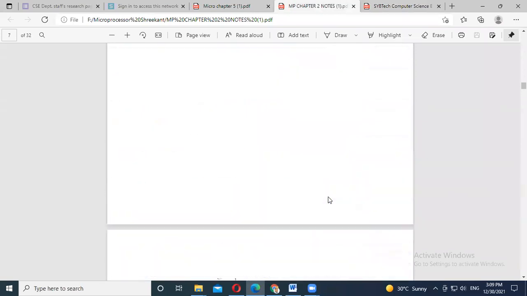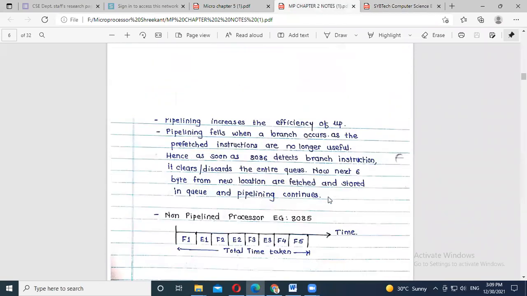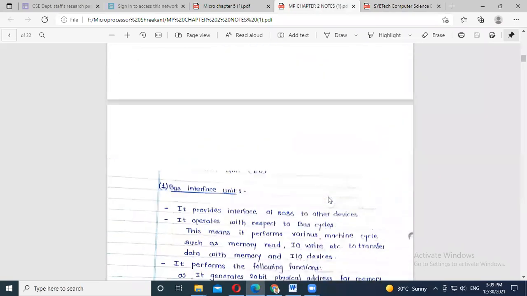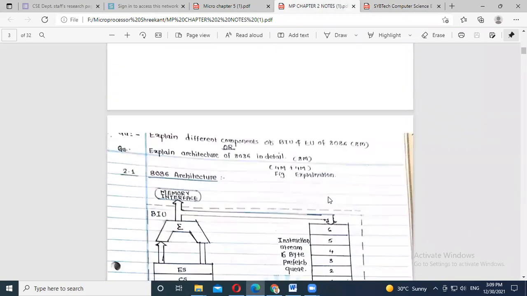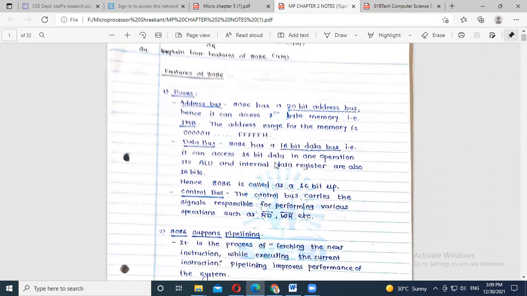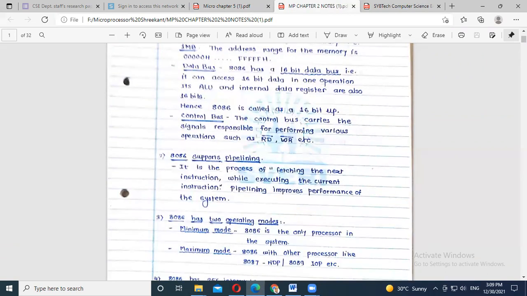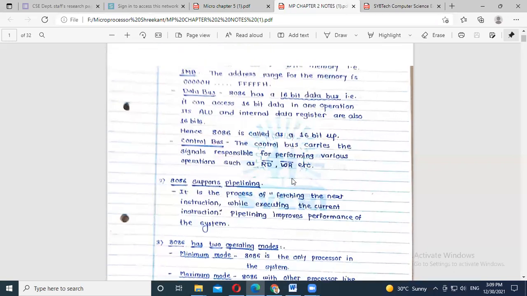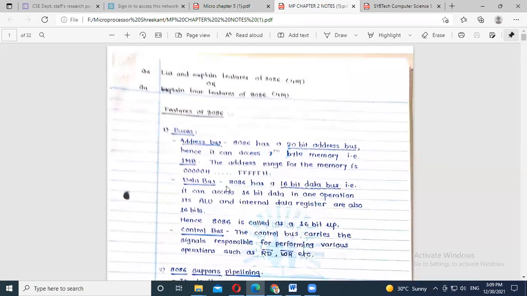This is the notes, and I will provide these notes to you. Again, I want to add a few things, so I will complete these notes today and send them to you within today. Just let us go through the class.